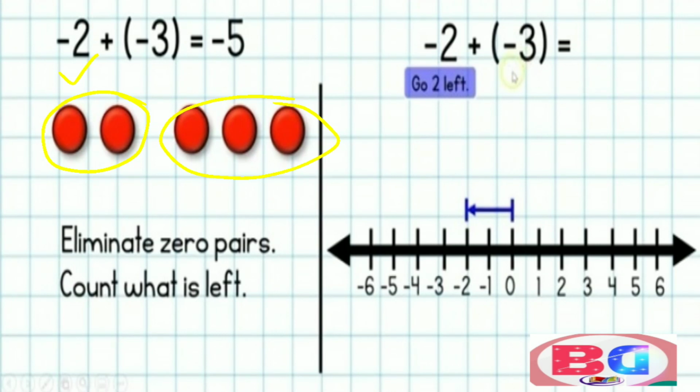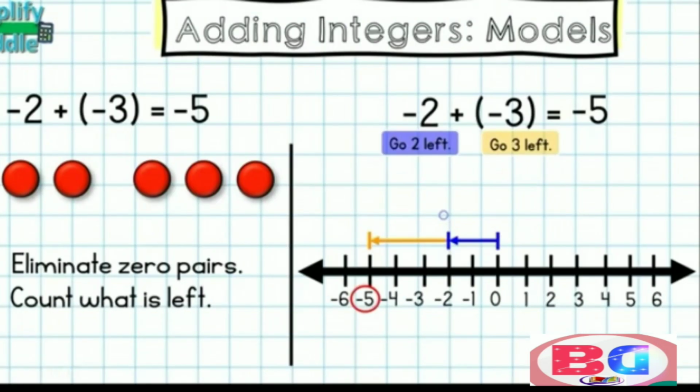Similarly on the number line, for -2 we proceed from the origin toward the left side 2 steps. For -3 we proceed 3 steps toward the left side. At last we reach the point -5. It indicates that -2 and -3, having the same sign, should be added together, and we reach the point -5.